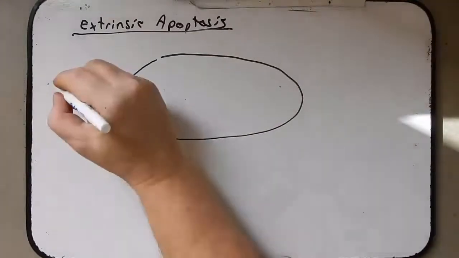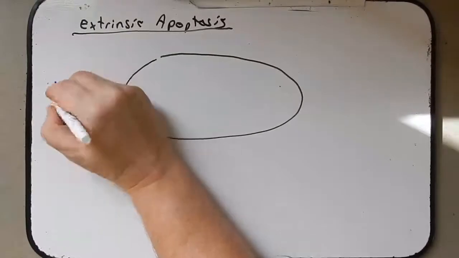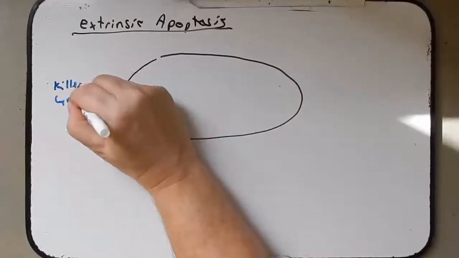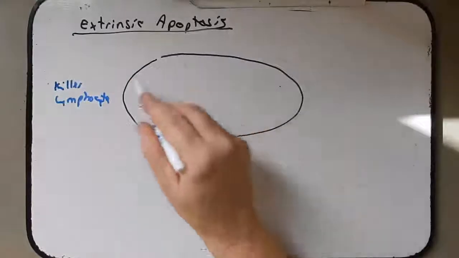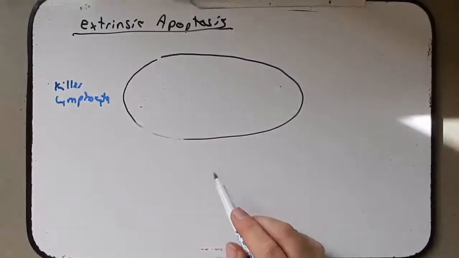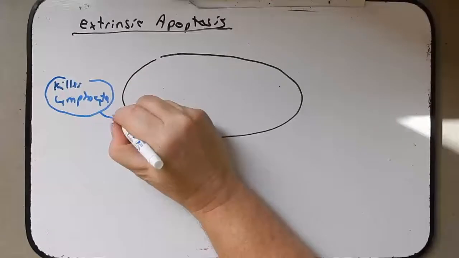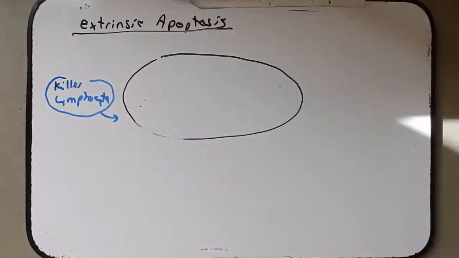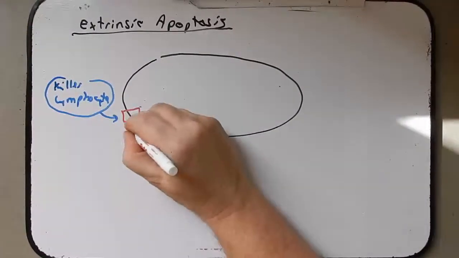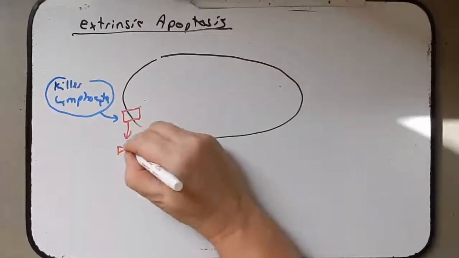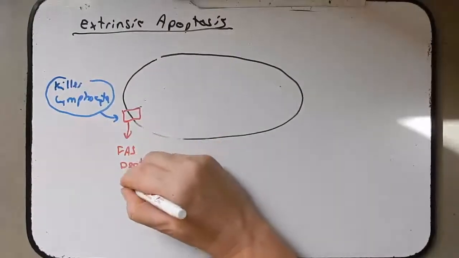In this case, it's going to be a killer lymphocyte, which is part of our immune system. It has detected something on this cell that has told the organism that this cell must go through apoptosis. And I'm not going to go into great detail here, except to say that this killer lymphocyte will bind to this cell, and not anywhere, but specifically to these receptor proteins called the FAS death receptor.